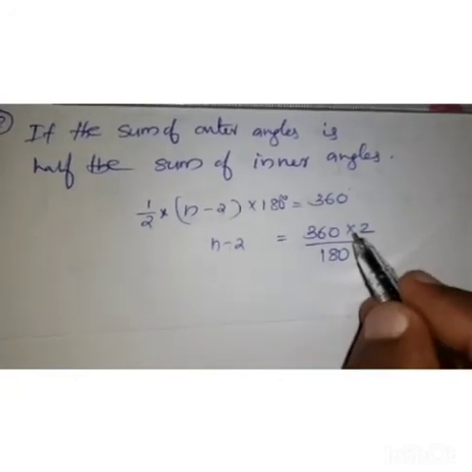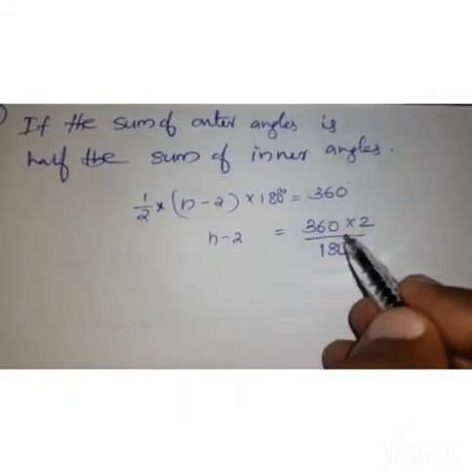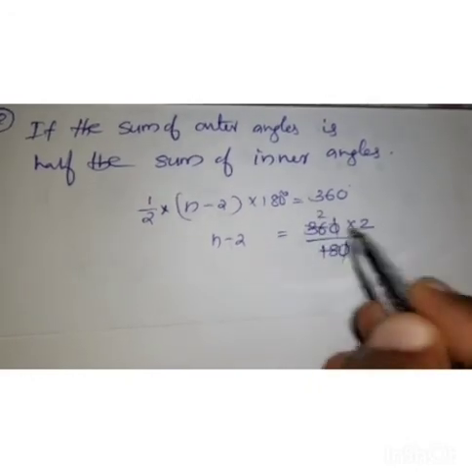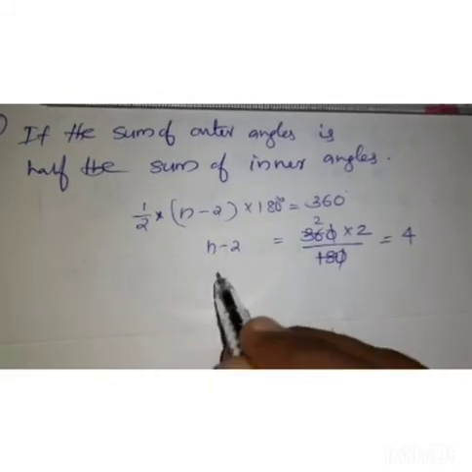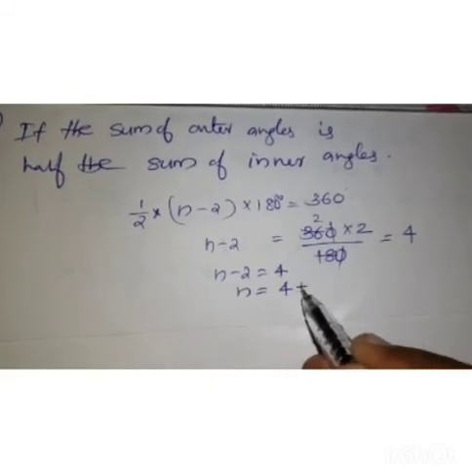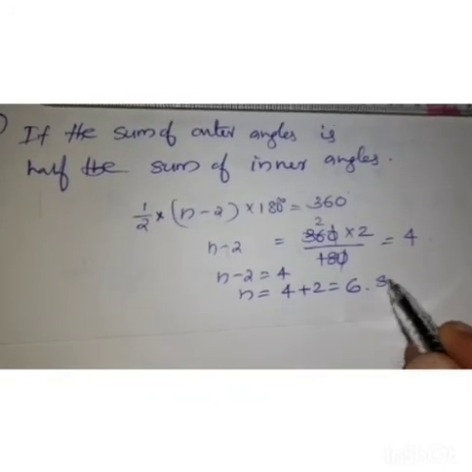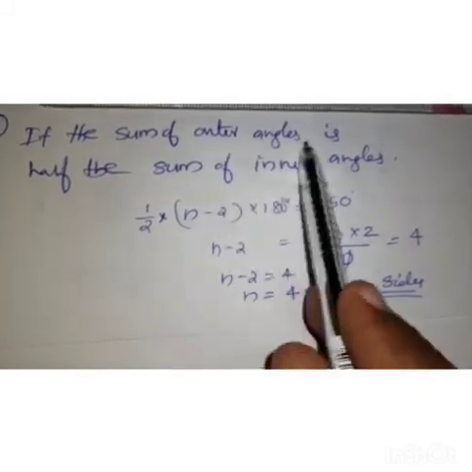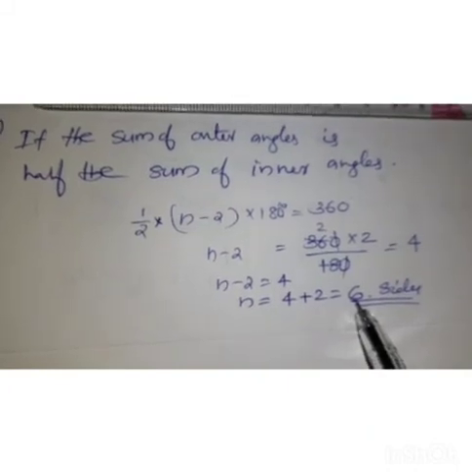So 360 into 2 by 180. Then 0 cancelled. 18 2s are 36. So 2 into 2 it is 4. So n minus 2 is equal to 4. What is n? 4 plus 2, it is 6. So if the outer angle is half the sum of inner angle, the sides are 6.